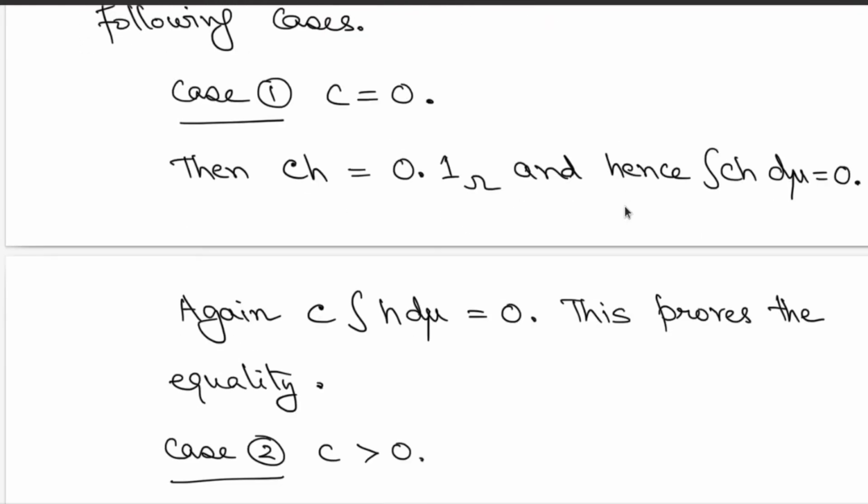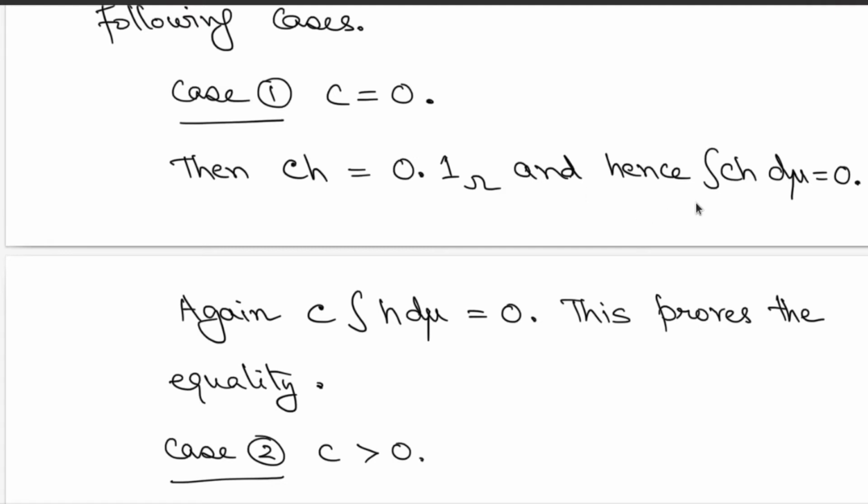In the case that c is 0, if the scalar c is 0, then the function is identically the 0 function. You can think of it as a simple function which takes value 0 throughout the set omega. Then as per the description, the integration of ch will be 0, because you are just multiplying the scalar 0 with the measure of the whole set omega.